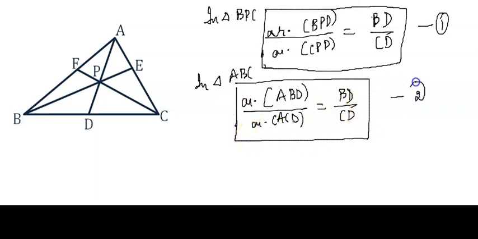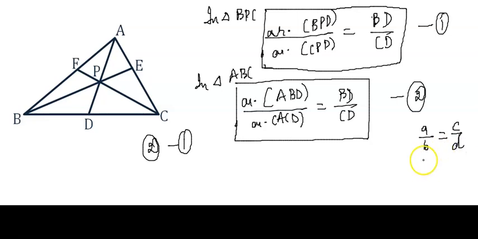Let us call this equation 2. Now, this is the property of ratio and proportion: if A by B is equal to C by D, then this ratio is also equal to A plus C by B plus D, and also A minus C by B minus D.